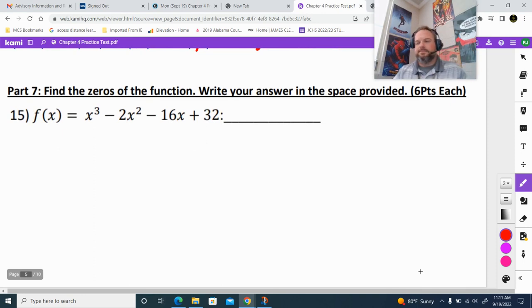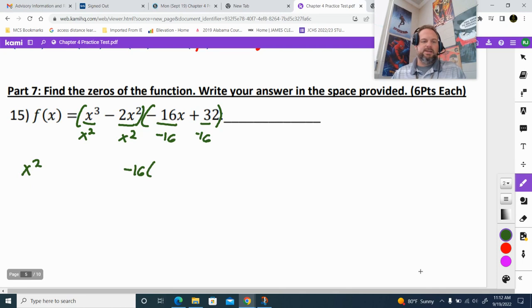All right. There are actually two ways that you could factor this. If you do the factor by grouping, remember you do your GCFs. Well, this would leave me with x minus 2 and x minus 2.